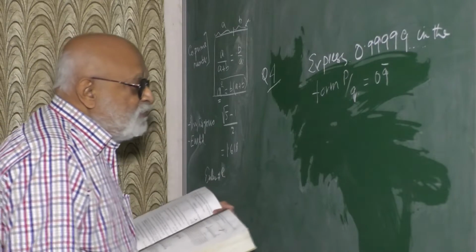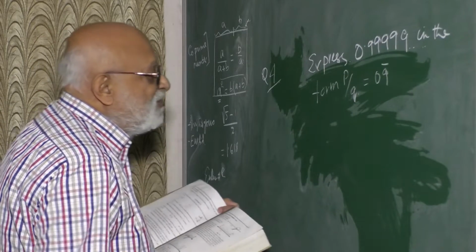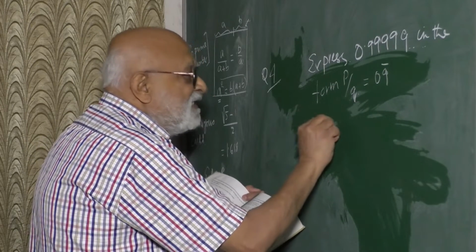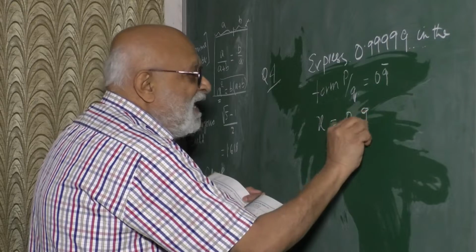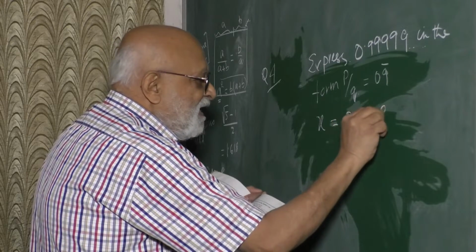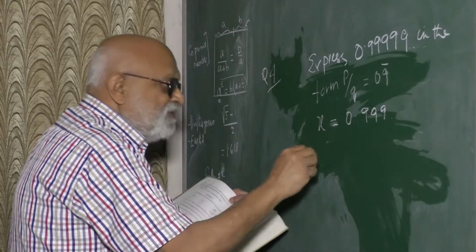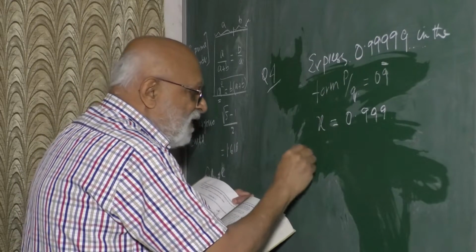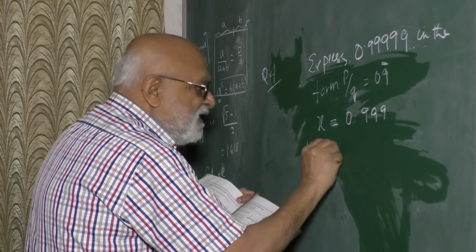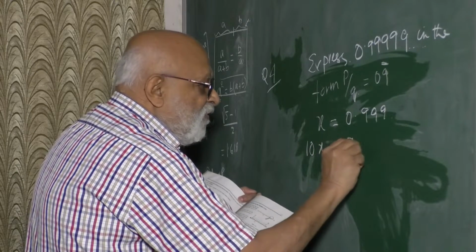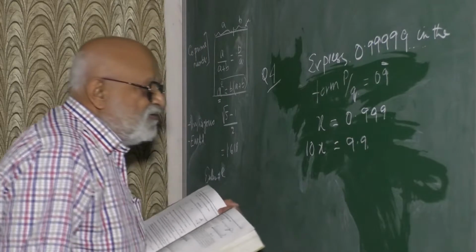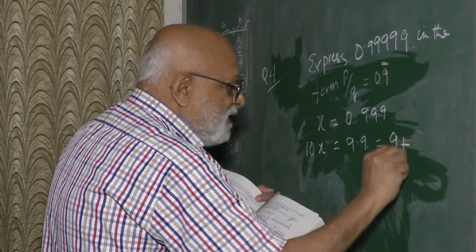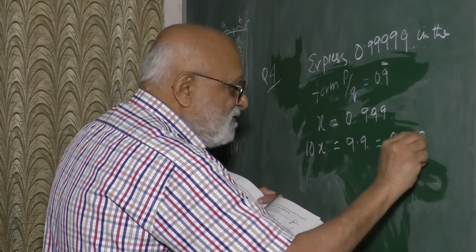Let us use our usual procedure of doing this kind of a sum. So let us take x equal to 0.999. Again, 9 is repeating here, 9 is repeating here. So I will multiply by 10, 10 into x. So this would be 9.9. I will write 9.9 as 9 plus 0.9.